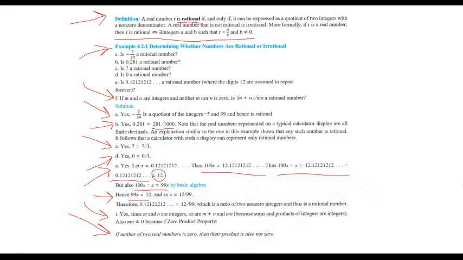This can be stated equivalently as its contrapositive. The contrapositive of the zero product property says if the product of two real numbers is 0, then either the first one is 0 or the second one is 0. Since we have this property true, its contrapositive is true too.